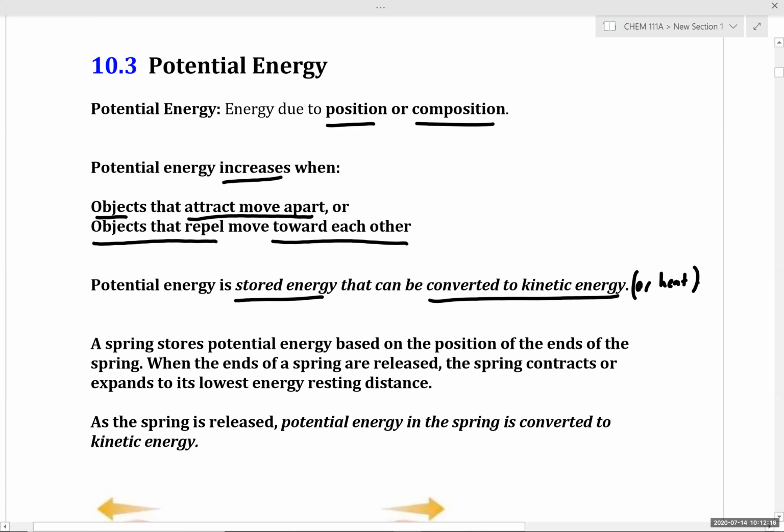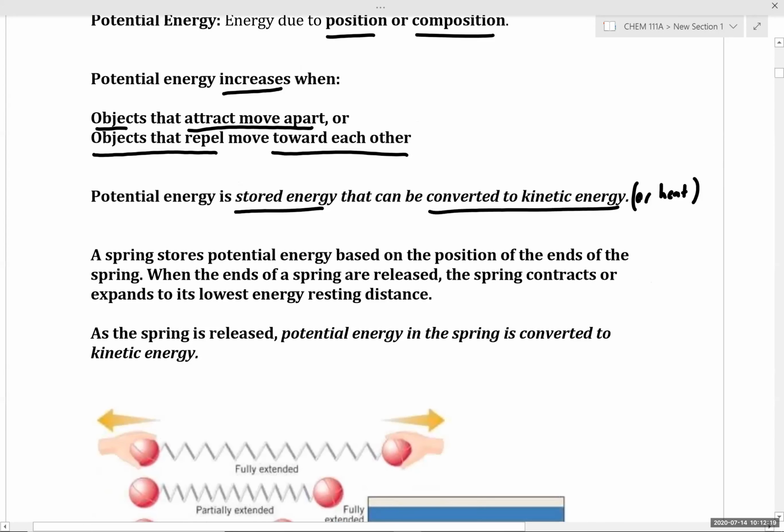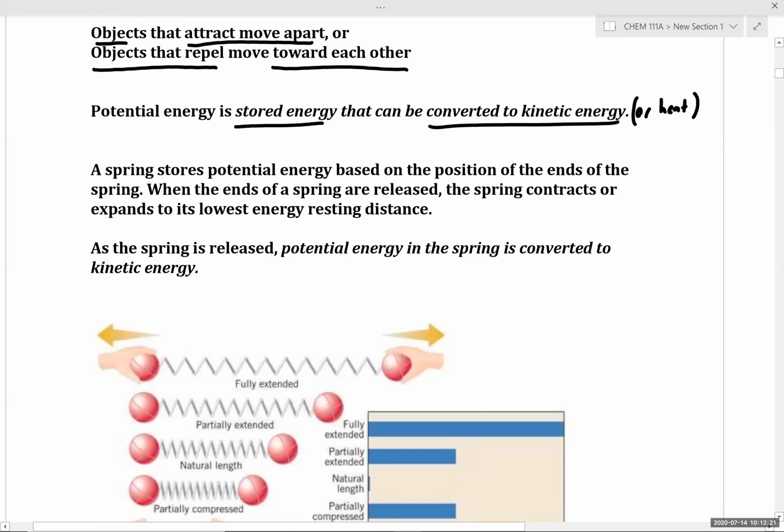One classic example of potential energy is a spring. We know from our experience that depending on whether we extend or compress the spring, it will generate potential energy. It'll be quite difficult to keep that spring completely compressed. The spring wants to return to its resting state, just like if you hold an object above the ground and let go, the object will fall.